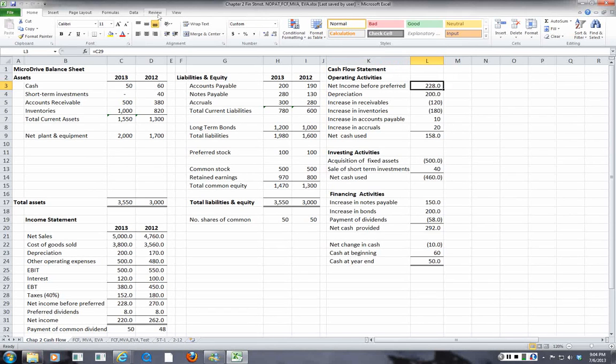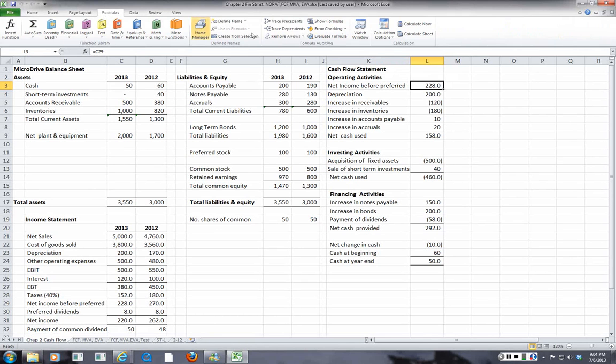We can see that the net income before preferred is $228,000, and to that we're going to add depreciation, which is over here in the income statement, because depreciation is a non-cash transaction, so we have to add it back to the net income before preferred.